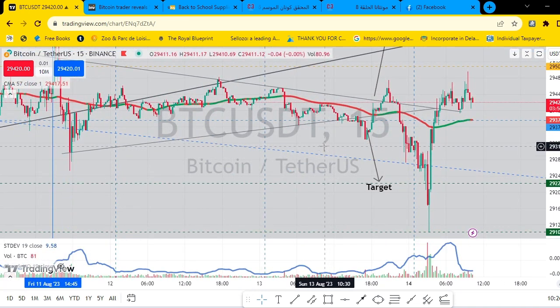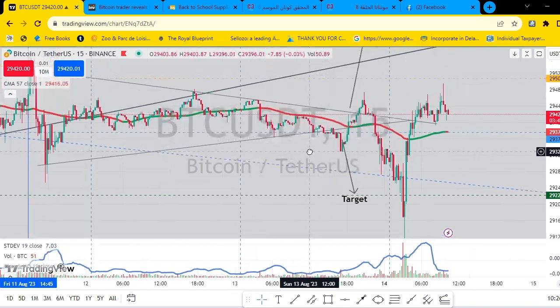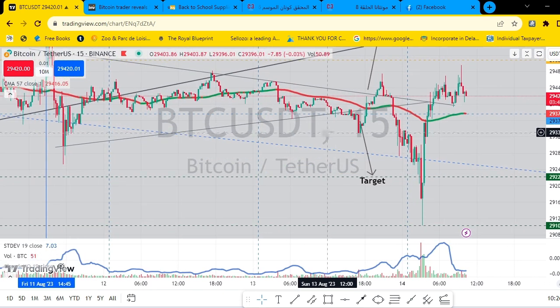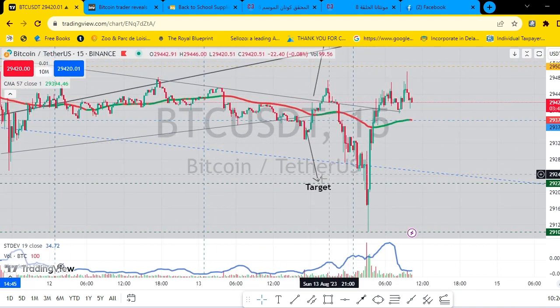This is a follow-up to what I signaled and analyzed yesterday. And as you can see, the target was filled, and the price hit our target.